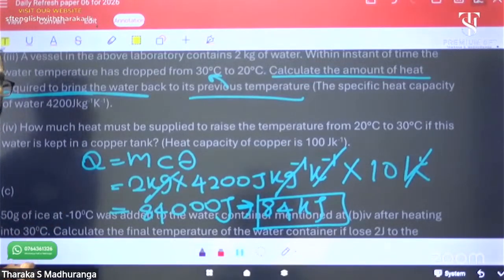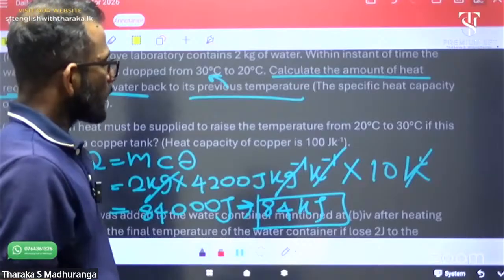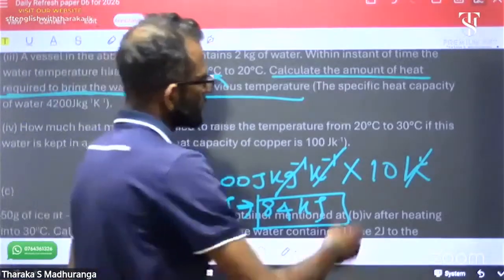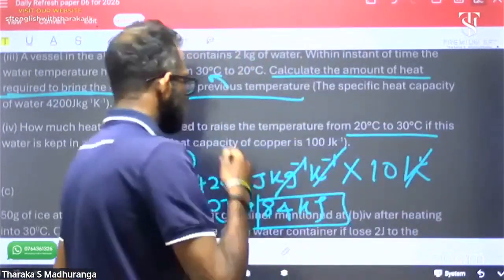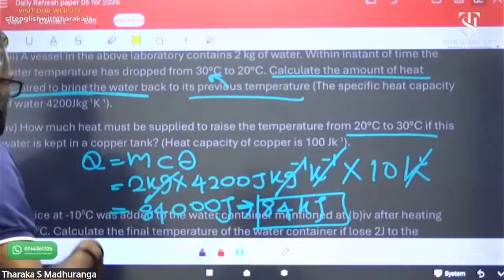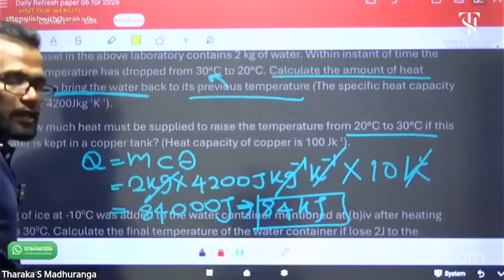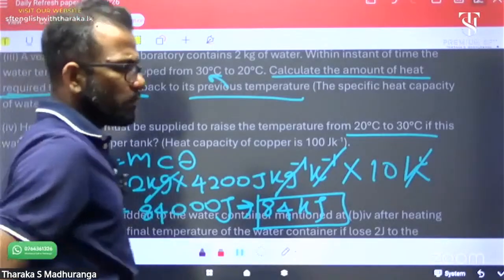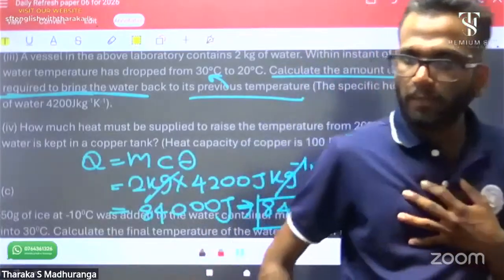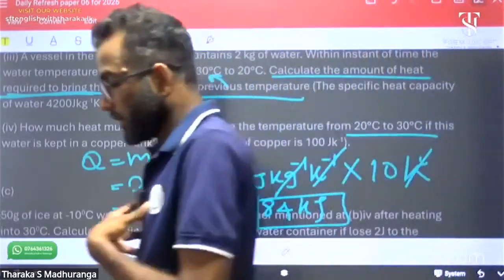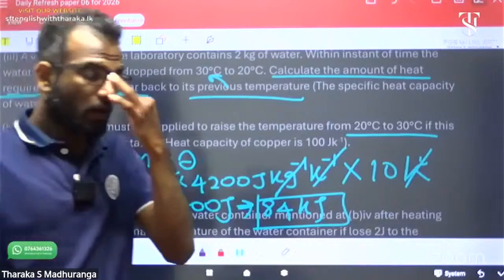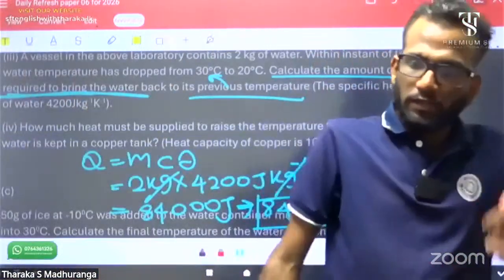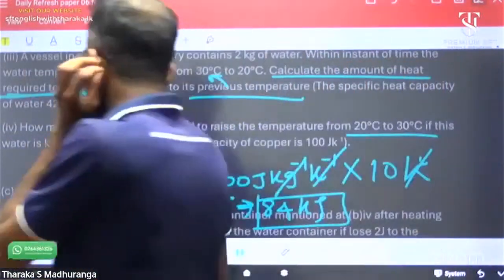Final part of B part. How much heat must be supplied to raise the temperature from 20 Celsius to 30 Celsius if this water is kept in a container? The heat capacity of copper is 100 joules per Kelvin.